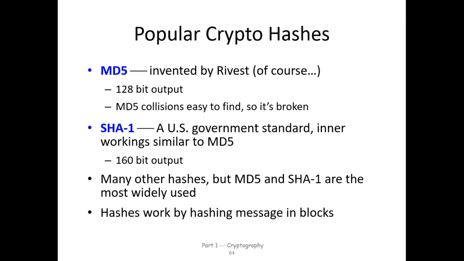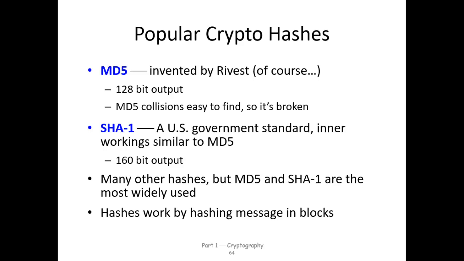One more is SHA1. Actually, these are not part of this particular syllabus, so we'll discuss them briefly. SHA1, the secure hash algorithm, is the US government standard, working similarly to MD5, but it produces a 160-bit output. There are many other hashes, but MD5 and SHA1 are the most widely used.